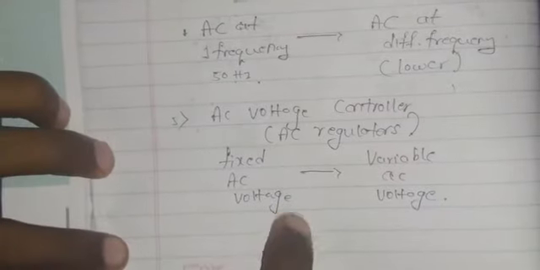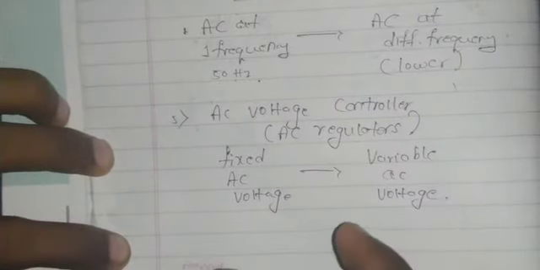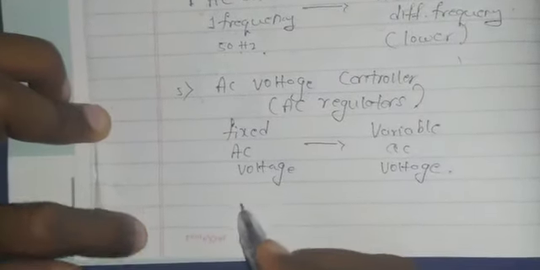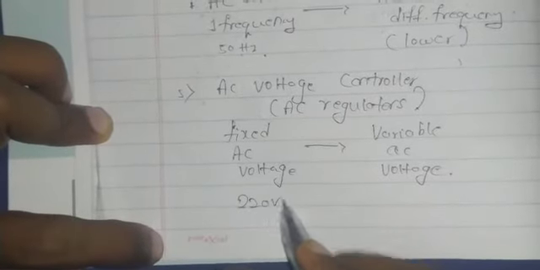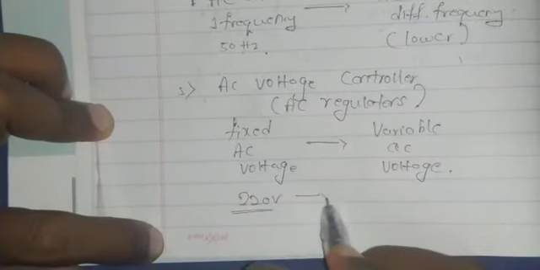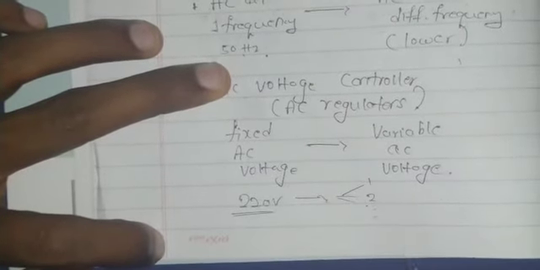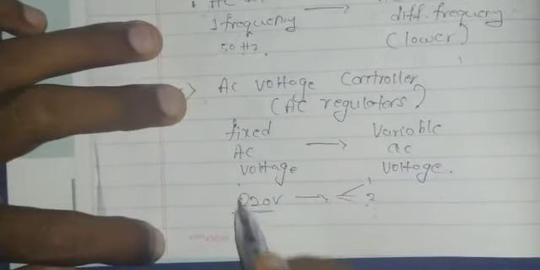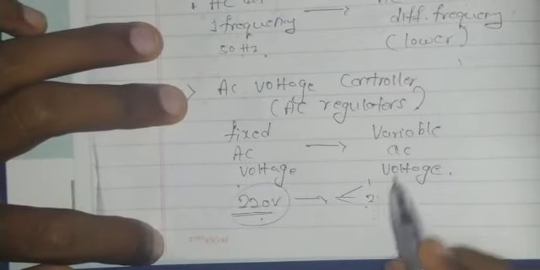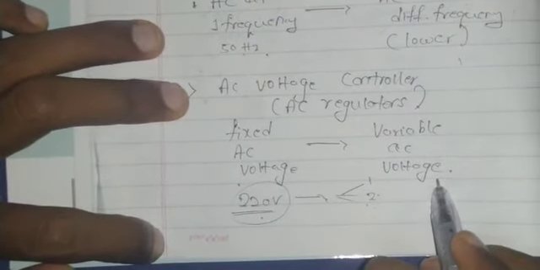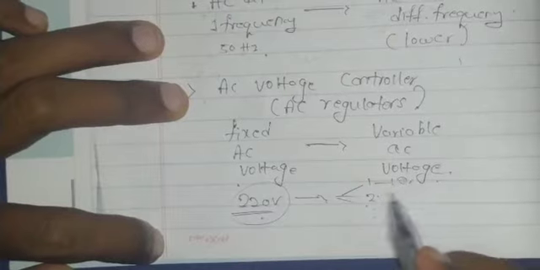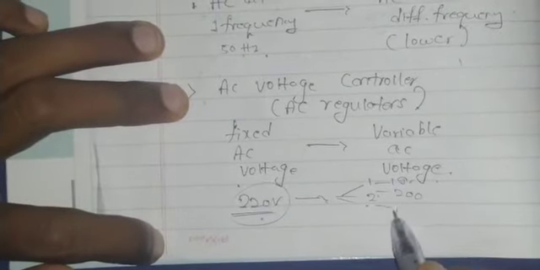This is the same as the fan regulator. In a fan we supply 220 volt to the fan regulator, and we have steps, step 1, step 2, step 3, 5 steps. That means this is a fixed AC voltage converted to variable AC voltage, like 190 volt, 200 volt, 210 volt.